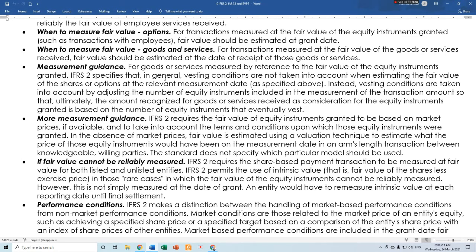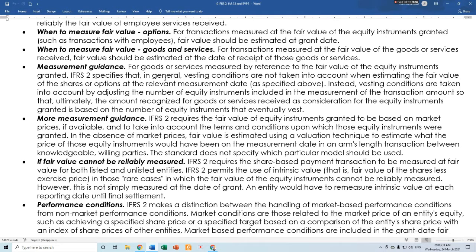Ang mababago lang is yung number of shares, yung number of options, okay, number of employees. So in other words, yung mga hindi natin makokontrol. Okay, kasi that ultimately ang number of shares or number of options na magbe-vest will be dependent on the performance of the employee or the decision of the employee.